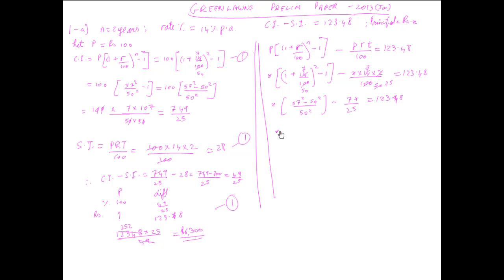Now children, that gives us (57 minus 50)(57 plus 50), that's 7 times 107 upon 50 squared, minus 7x upon 25. Now children, 25 to get into 50 times 50 will be 50 times 2, that's 100. So this becomes 749x upon 2500.